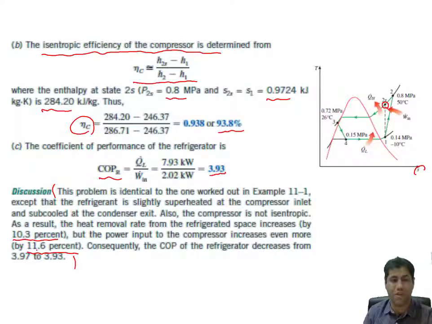So as you can see here, the required input is increased by about 1.3% for this whole cycle, and it is the reason for the reduction of the COP, or the reduction of the efficiency, of the actual cycle compared to the ideal cycle. By this, we reach the end of this example.